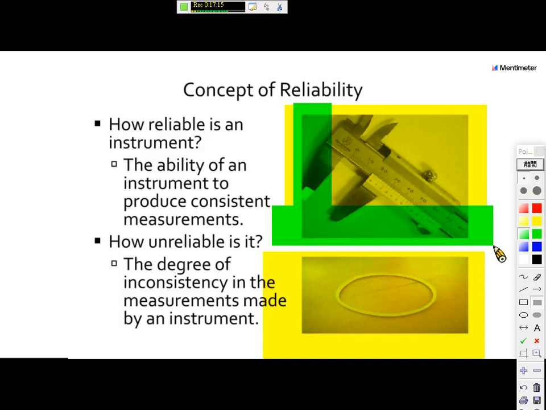When you examine which one is more reliable, the first examination is the internal precision of the instrument. You will choose the more precise one, more consistent internally, to make the measurement. Externally, you will make sure which measurement will produce more consistent results.